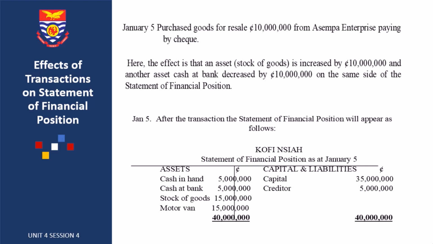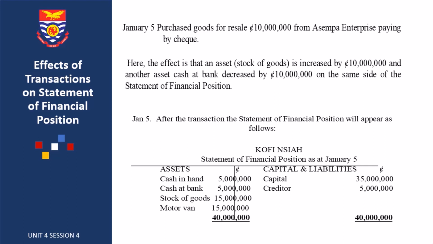So the balance that will be standing on the bank account will be what? 5 million Ghana cedis, since 15 million Ghana cedis minus 10 million Ghana cedis will be left with 5 million Ghana cedis. Now, this 10 million Ghana cedis is increasing the stock of the inventory. So the inventory will increase from 5 million Ghana cedis to 15 million Ghana cedis.